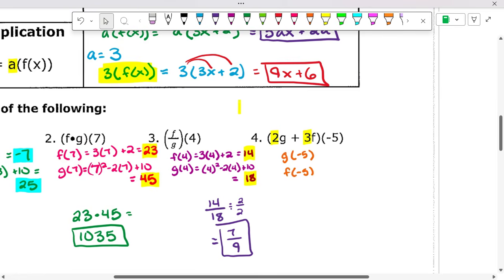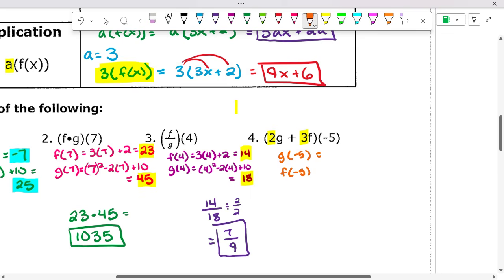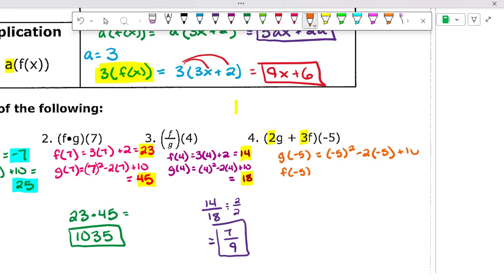So walk me through it. How do I set up g of negative 5? Don't worry about the 3 and the 2 just yet. So this will be negative 5 squared. What's next? And then plus 10.